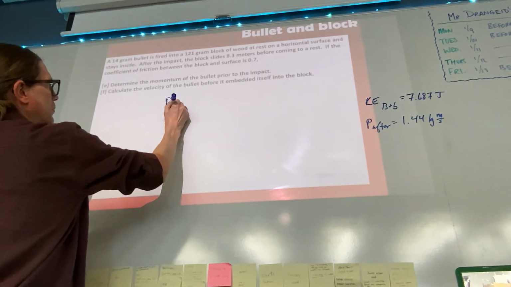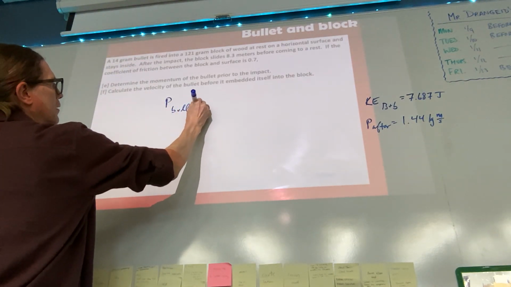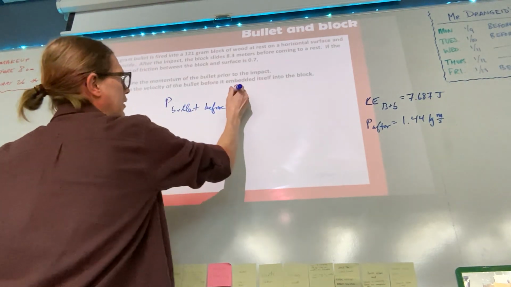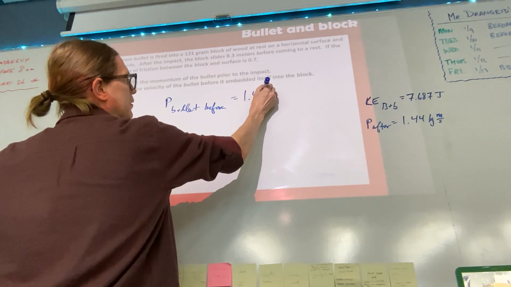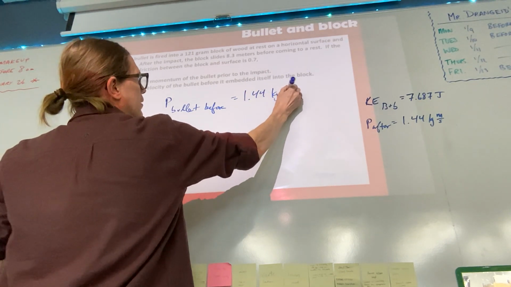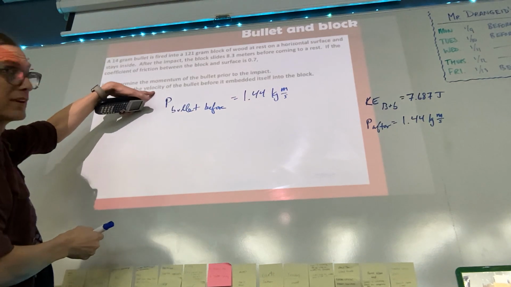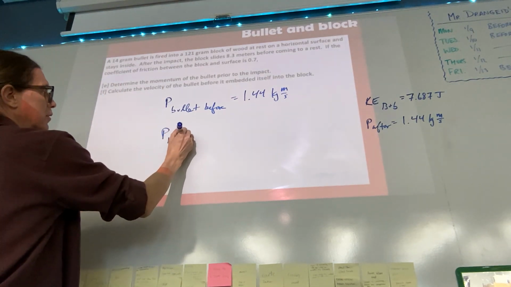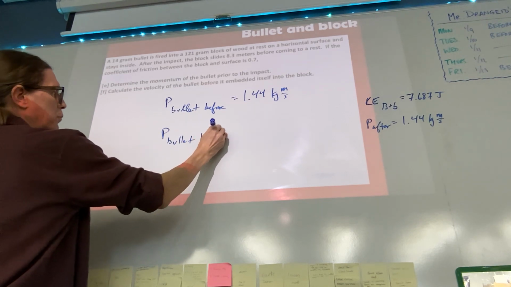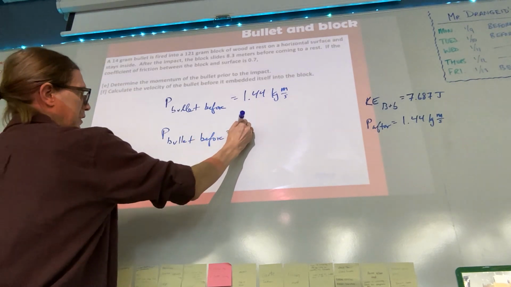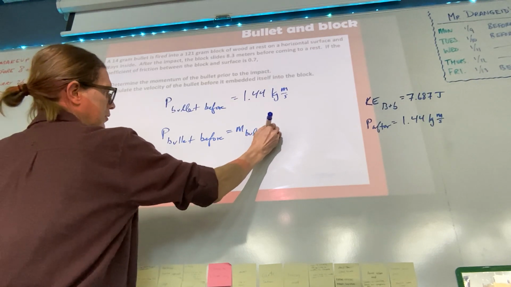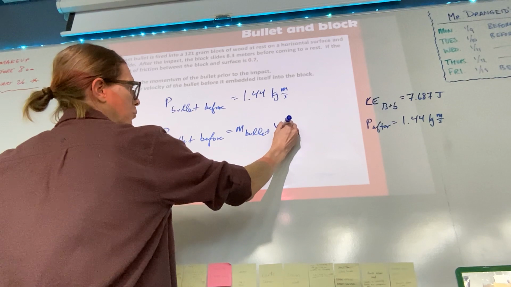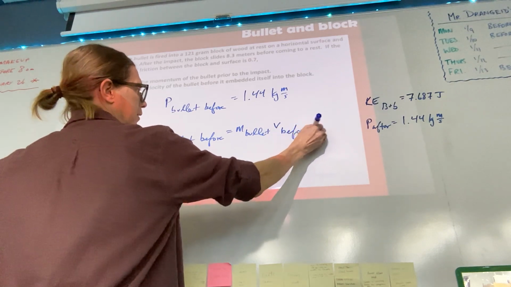So the momentum of the bullet before is what we solved for out here. And then finally it's the velocity of the bullet before the collision. The momentum of that bullet before is going to be the mass of the bullet, and only the bullet, because beforehand only the bullet is moving, times the velocity before the collision.